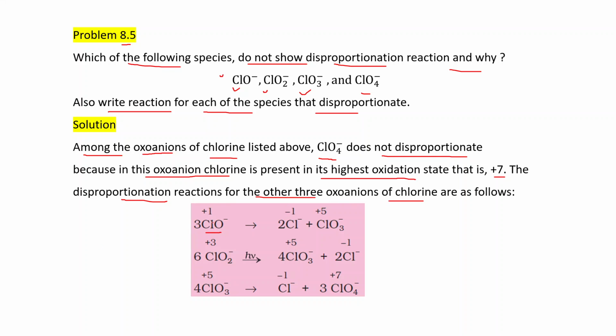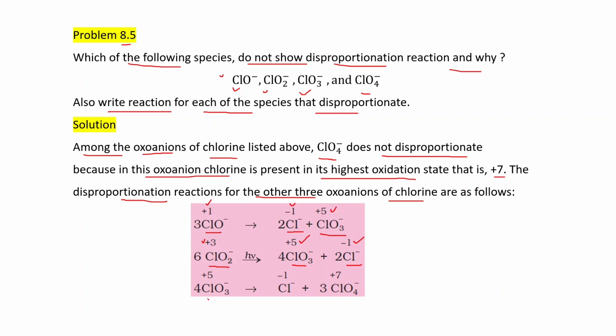ClO minus: the oxidation state of Cl is +1, and the products are Cl minus, with oxidation state -1, and ClO3 minus, with oxidation state +5. In the case of ClO2 minus, the oxidation state of chlorine is +3, and on the product side it will form ClO3 minus, with oxidation state +5, and Cl minus, with oxidation state -1.